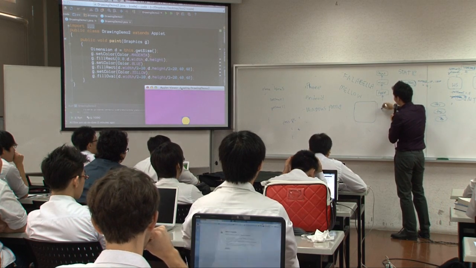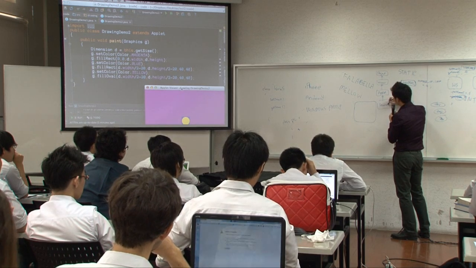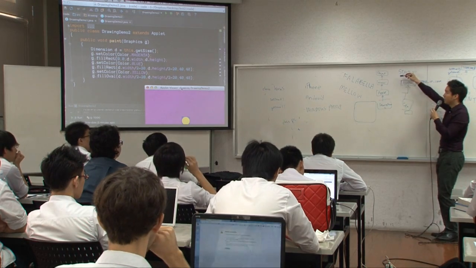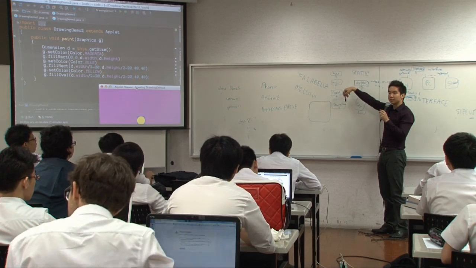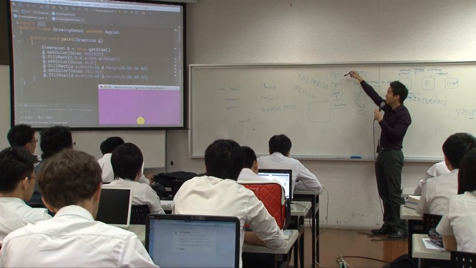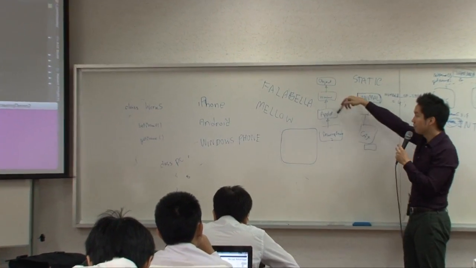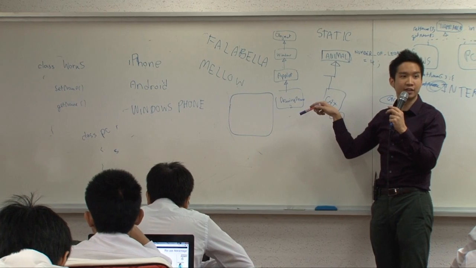And then you have our drawing demo 2. Can you guys see this? We have a very deep inheritance, starting from the object class, then a window class, the applet class over there, okay? And then finally, our drawing demo 2 class. You guys following this so far?